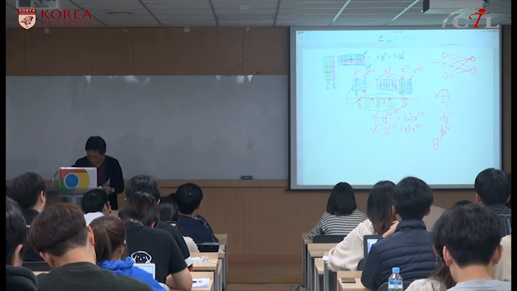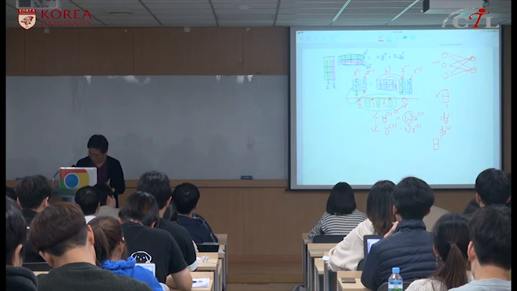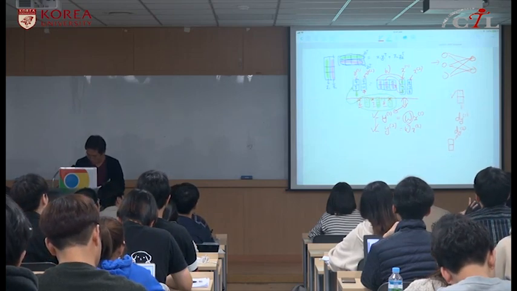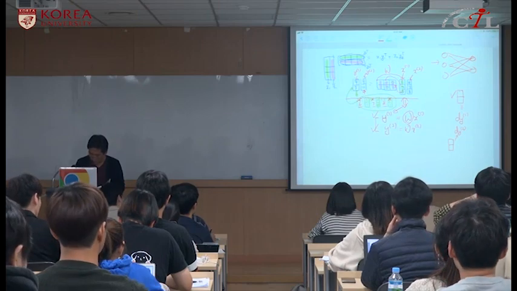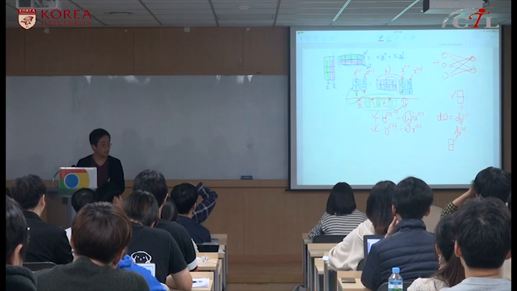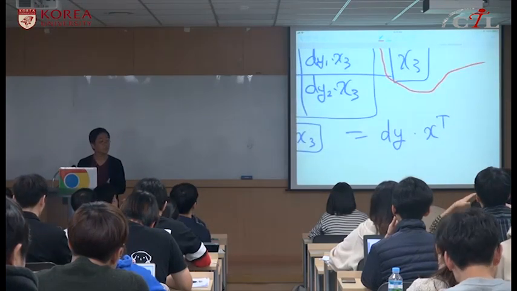So what about the gradient with respect to W? W will also have its own gradient coming from the first data item. And what was the equation? That equation is this.